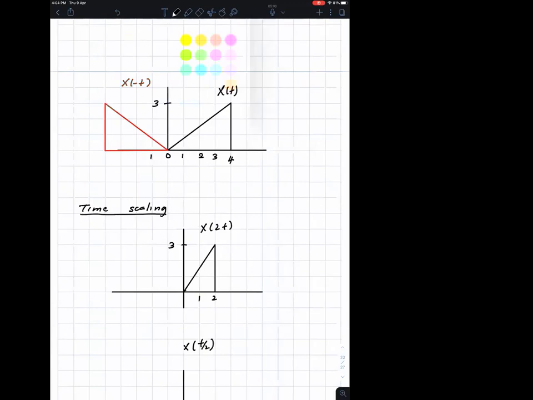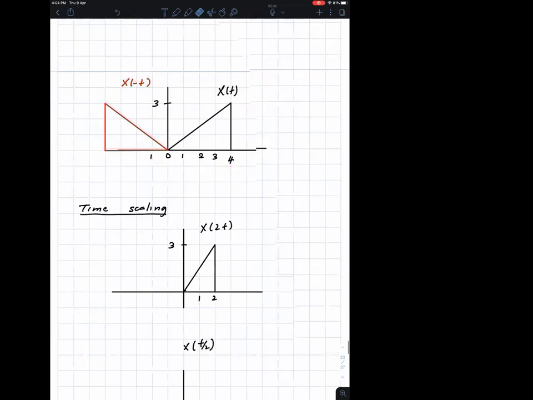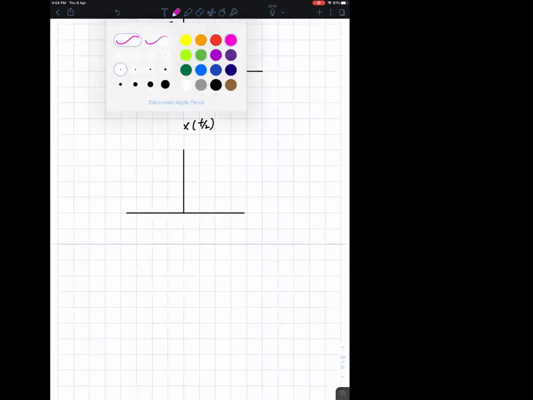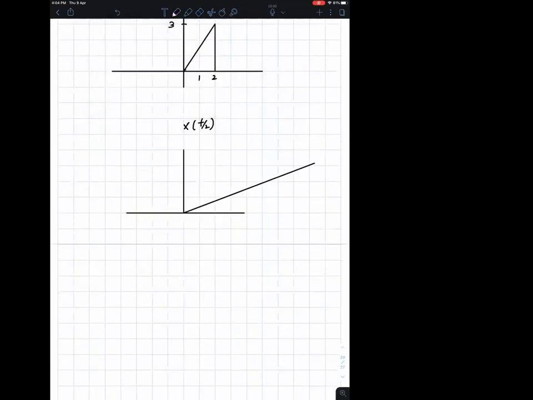So it's going to be everywhere times 2. So your 4 becomes 8. Okay, these are a few examples, just to give you guys some idea.